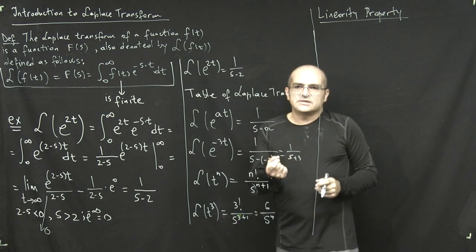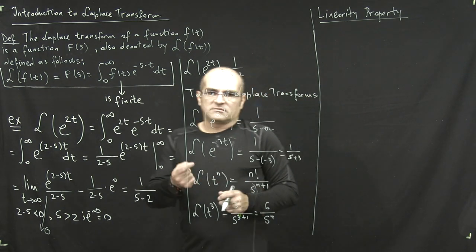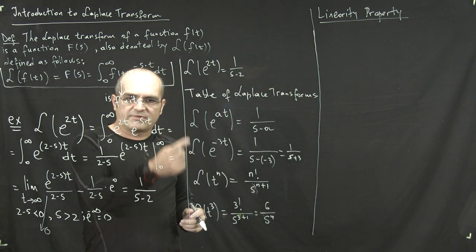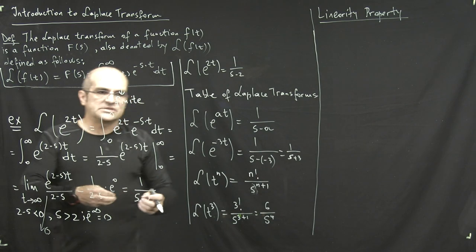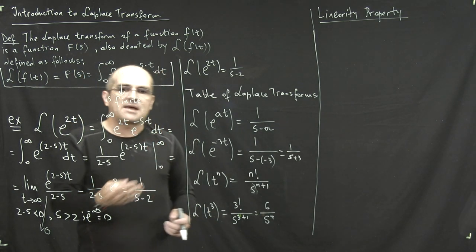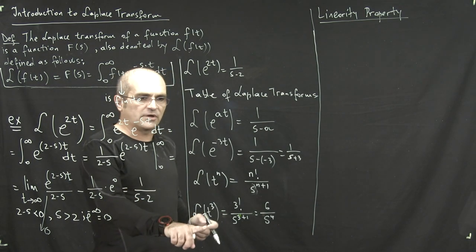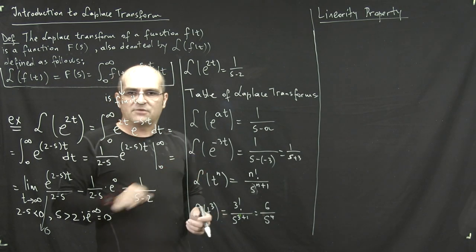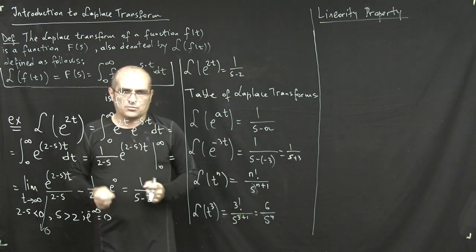Another reason is that we don't have an entry in the table for every function we deal with. Functions are typically combinations of various entries. For example, what if my function is t cubed plus 5 e to the minus 3t? How do I find the Laplace transform of this?